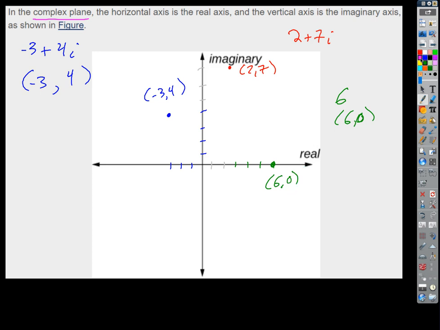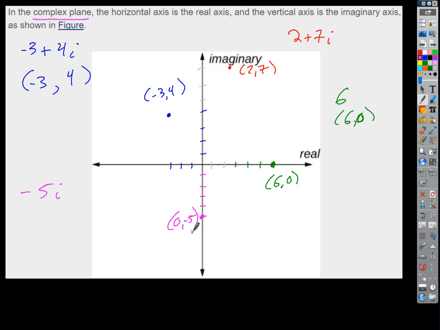How about one more? How about the point -5i? 0, -5. They just go down 5. Okay, so these are all representations of those numbers. What if we want to know the size of the complex number, right?